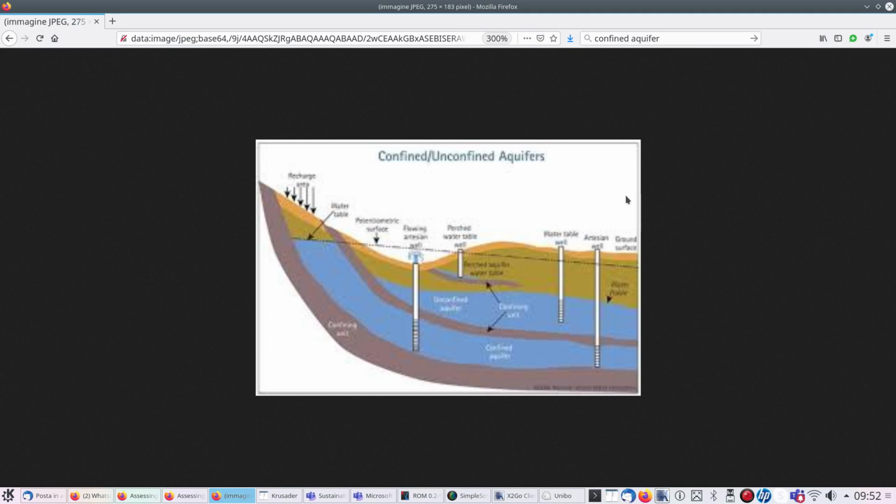As I said, they are more protected, so usually water has a higher value in confined aquifers.